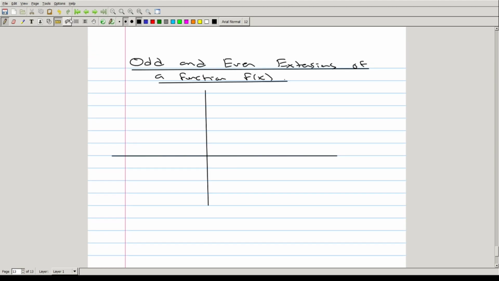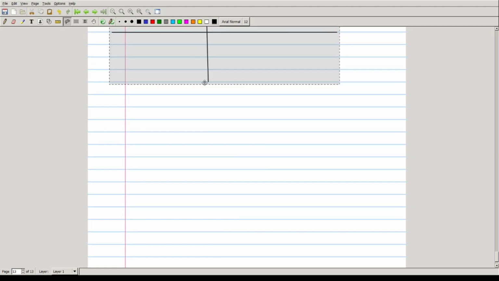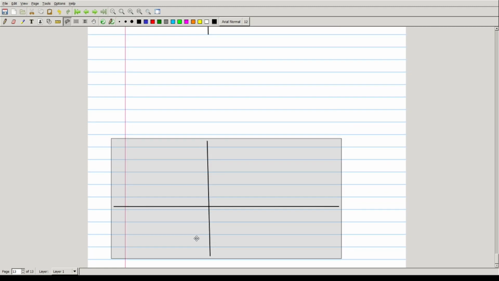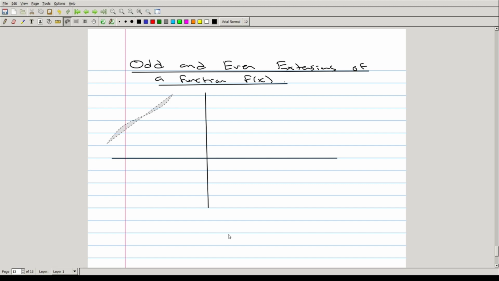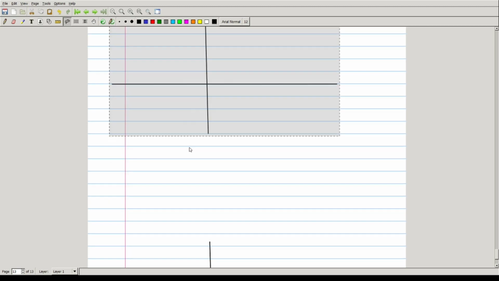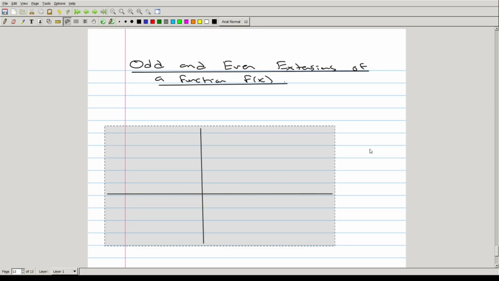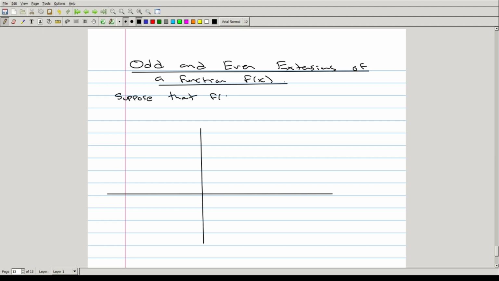And we have two such extensions that we can give a given function. So suppose that f of x is defined on the interval from 0 to c for some positive real number c.